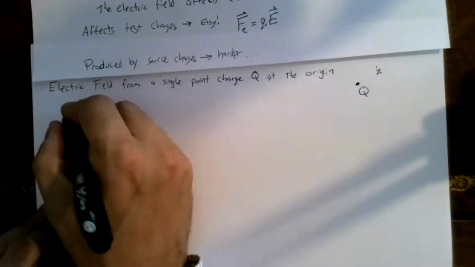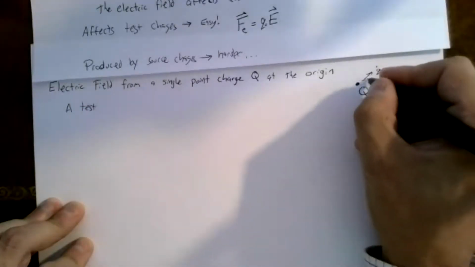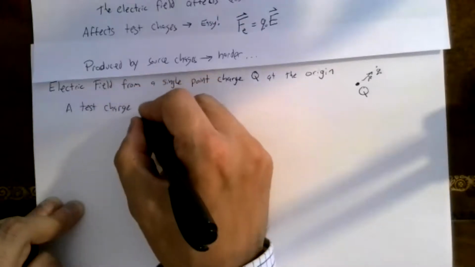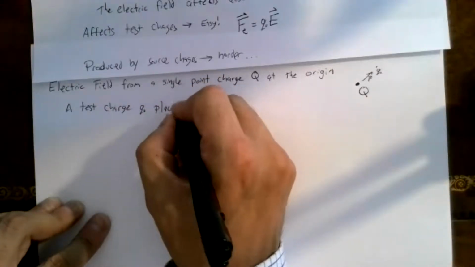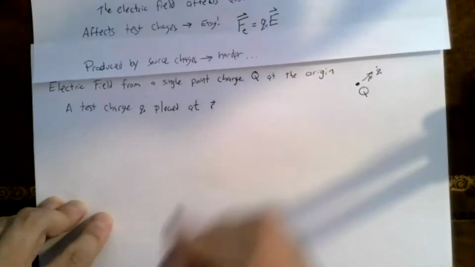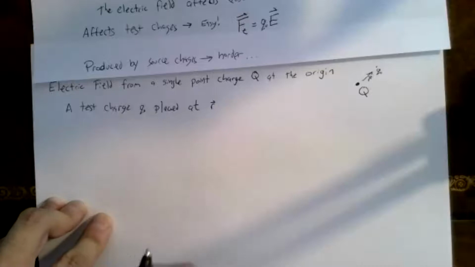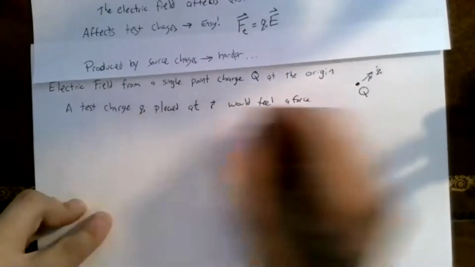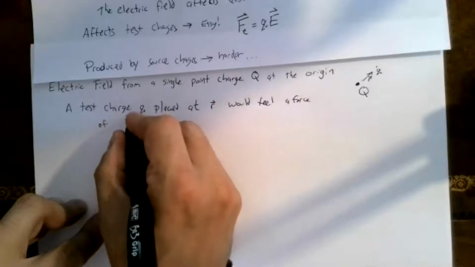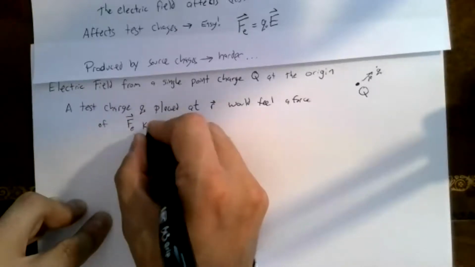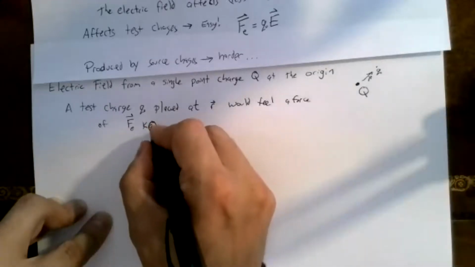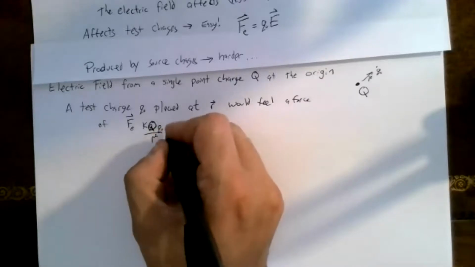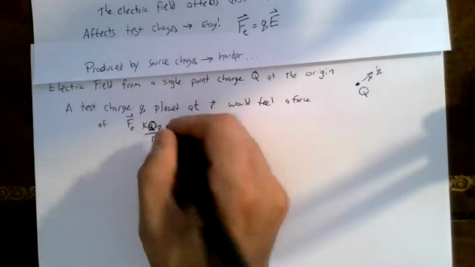And we know from Coulomb's law that a test charge Q naught placed at position r, which is some x and y value, or r and theta, would feel a force of k times Q, since that's the source charge, times Q naught, over the magnitude of the distance squared, in the direction of the r unit vector.